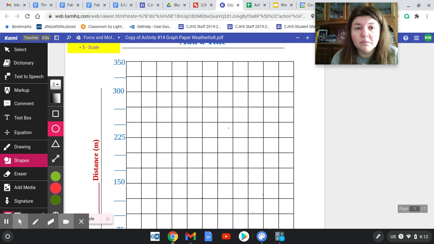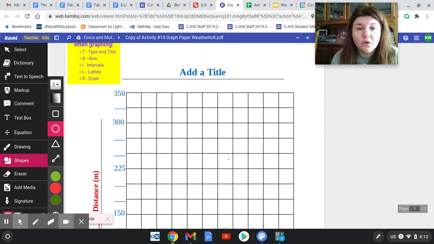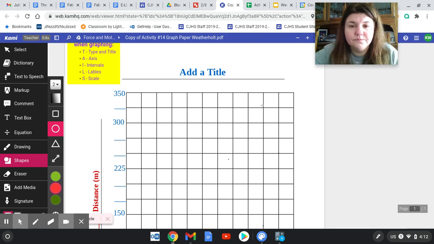So I keep on moving up, moving up. Well, if this is 300, this is 325, and that's 350. So 326 is right above that. And I would make my dot right about there, right?